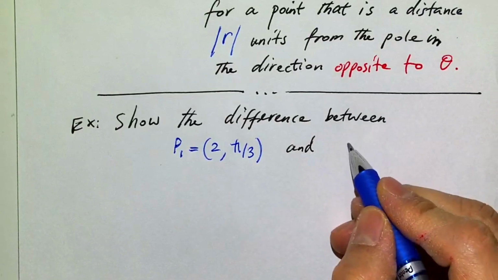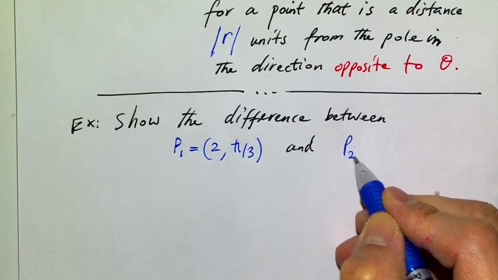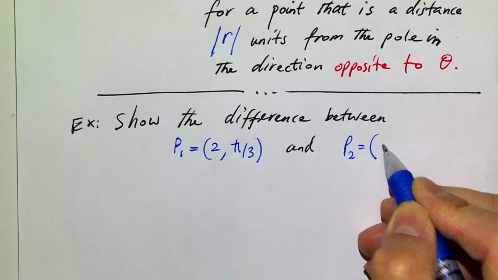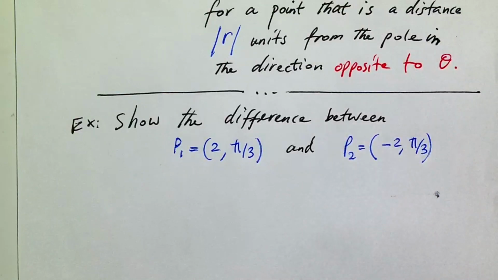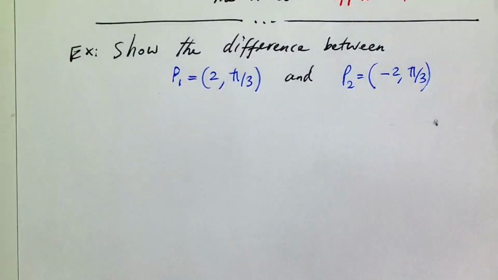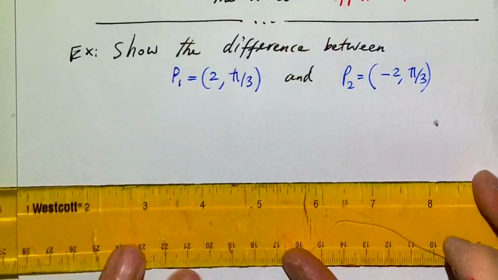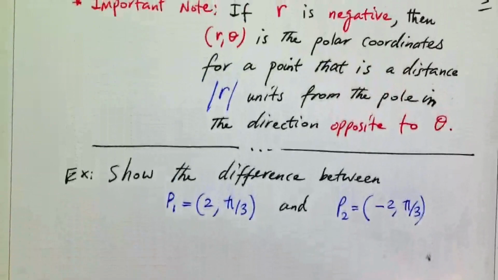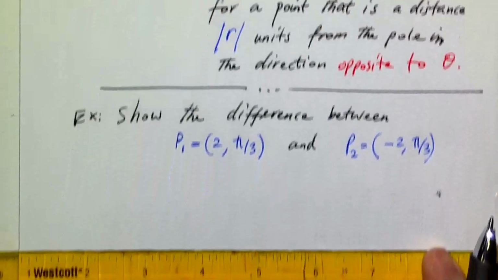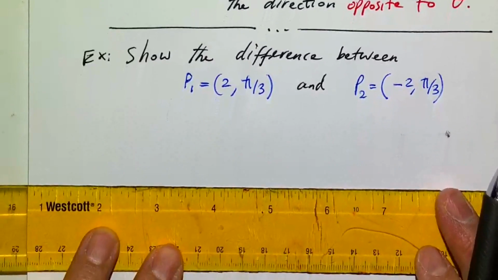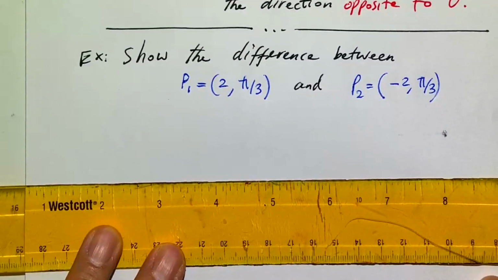And P2, let's call this equaling negative 2 comma pi over 3. Okay, so let's see what the difference is just by drawing these 2 points. This is the description of what we mean, but let's draw it so you have a picture in mind about what that description means.